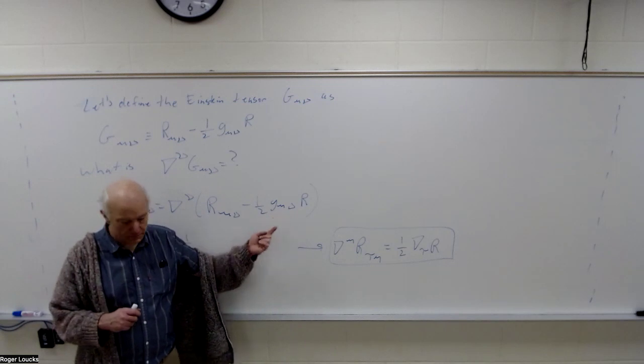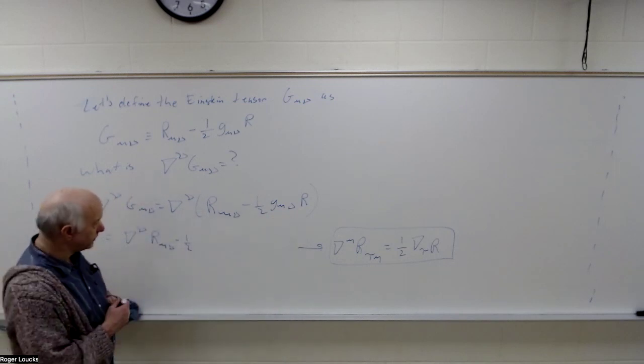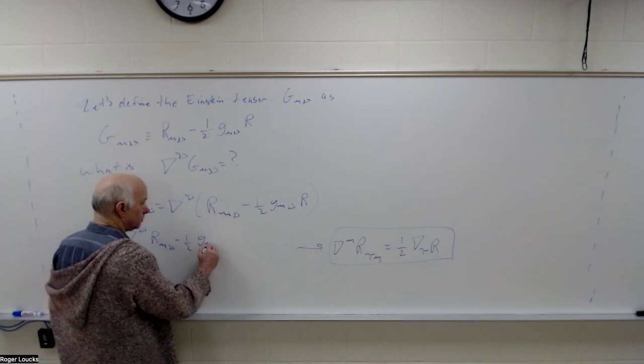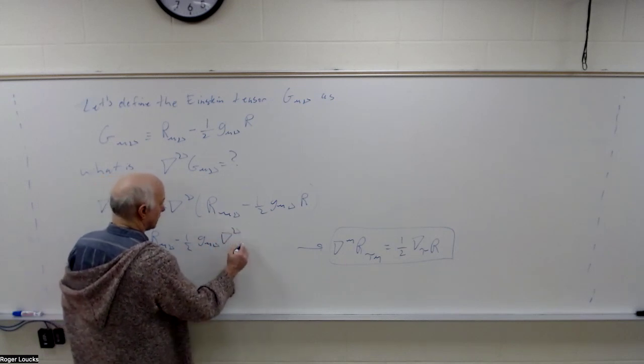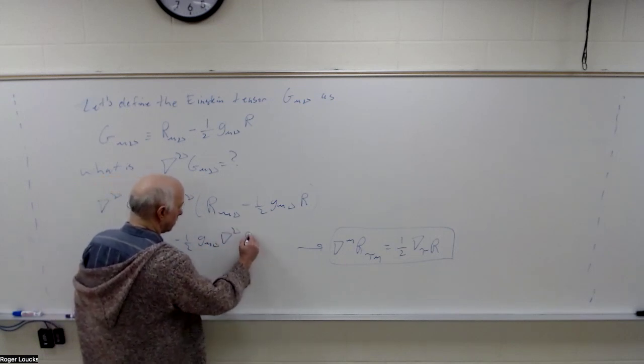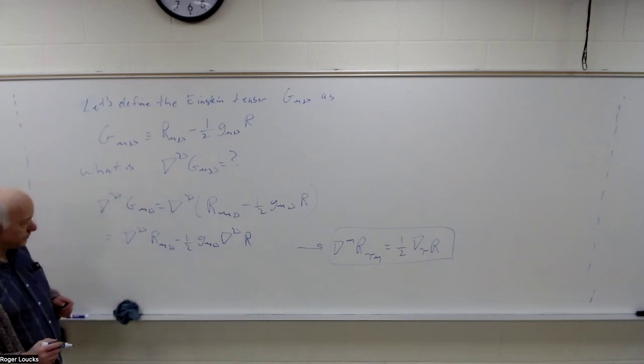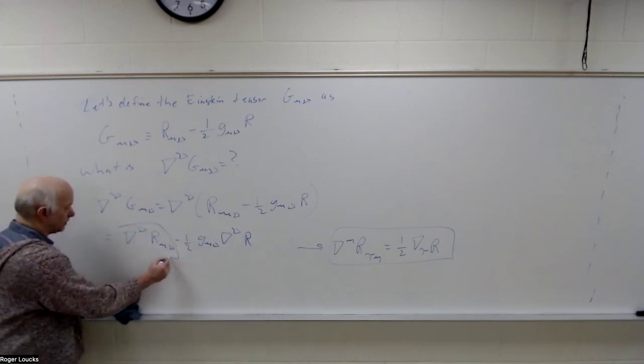So you only get one term. This is really 1/2 g mu nu, del nu R. Do we know anything about this here?